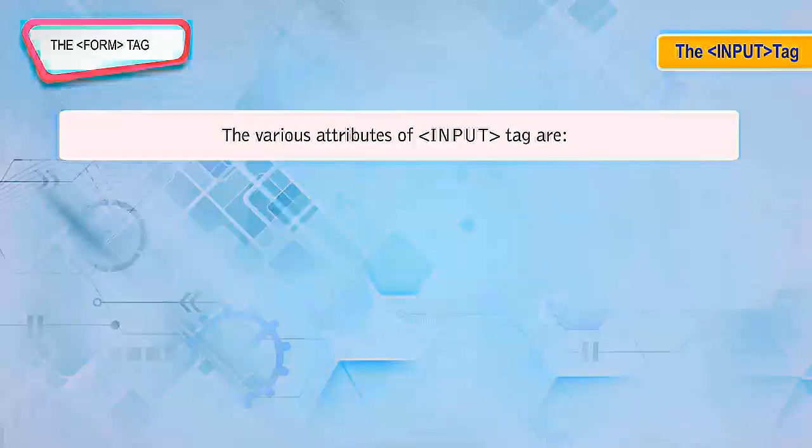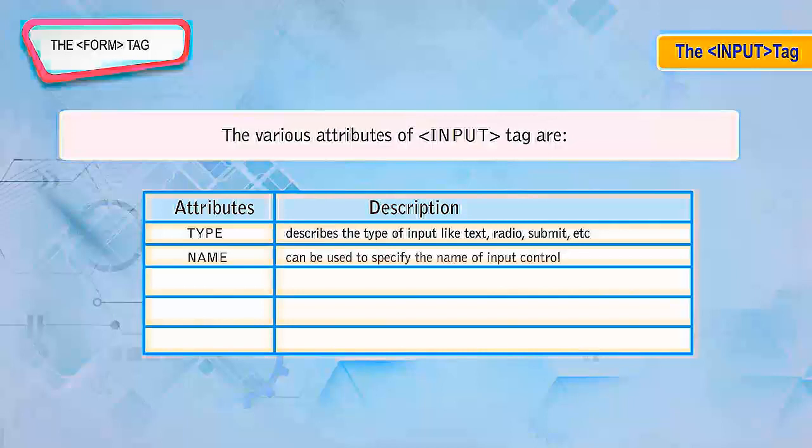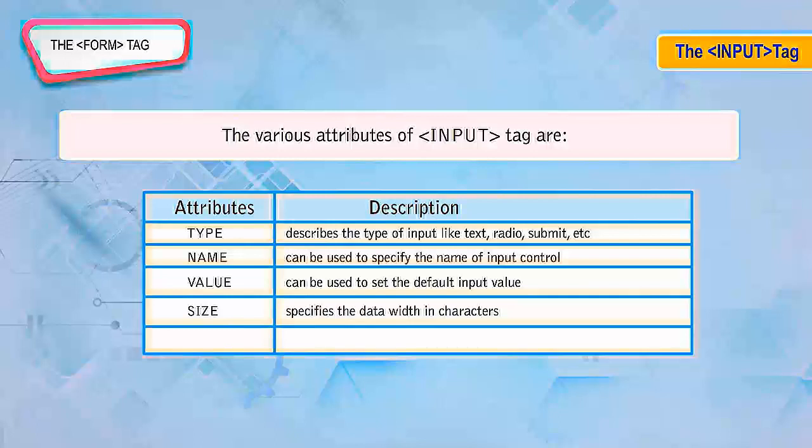The various attributes of input tag are: Type describes the type of input like text, radio, submit, etc. Name can be used to specify the name of the input control. Value can be used to set the default input value. Size specifies the data width in characters. Maxlength specifies the maximum data length.